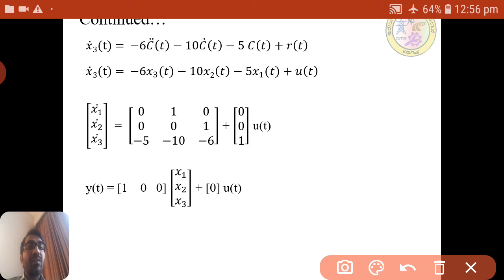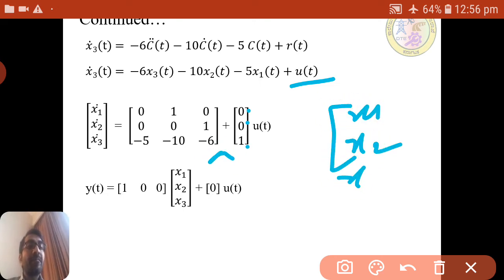Now the three equations that we have written, in the matrix form: x1 dot, x2 dot, x3 dot, and this is the A matrix, that is 0 1 0, 0 0 1, and the third row minus 5, minus 10 and minus 6, and with respect to u of t, the last one is 1 and nothing else, that is 0 0 1.